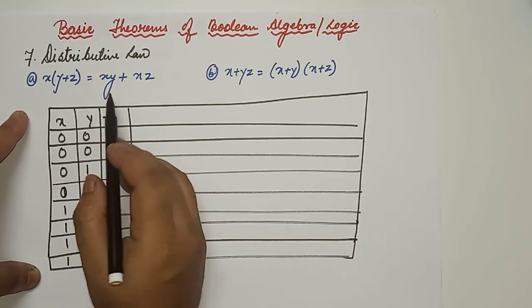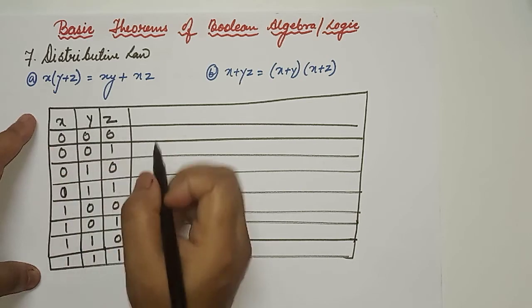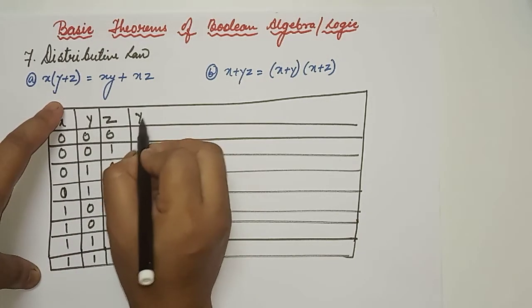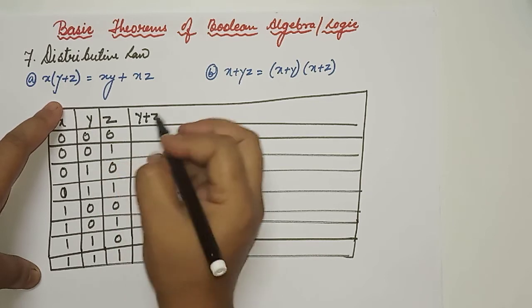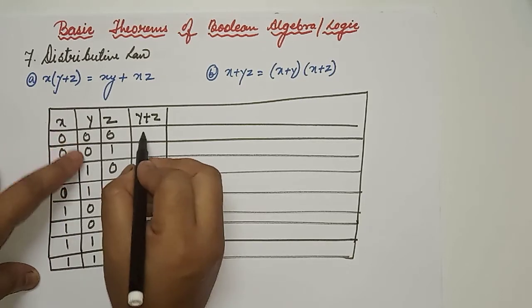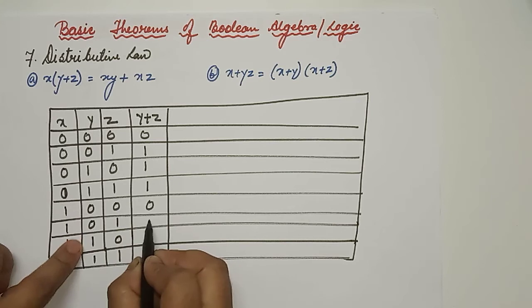Okay, so we will see one by one which terms are required over here. First, let's try to find out. Over here we have the x. We have to find out what? Y plus z. 0, x 1 1 1 0, x 1 1 1.